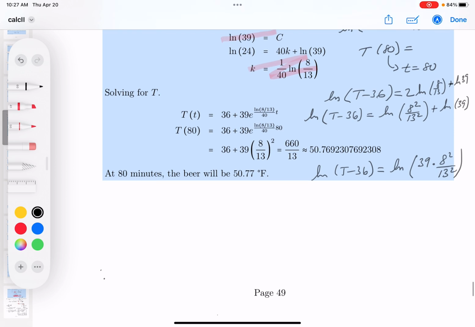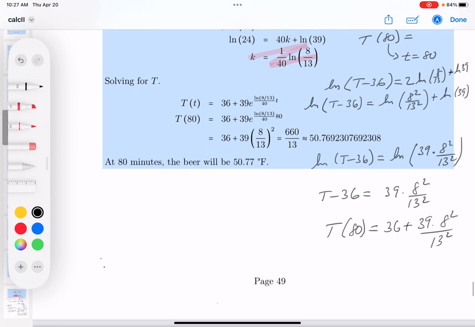Let's keep moving. T minus 36 now. Again, the log of T minus 36, log is the same thing. It's 39 times 8 squared over 13 squared. T, and this is T at 80 now, is the same thing as 36 plus 39 times 8 squared over 13 squared. All right?